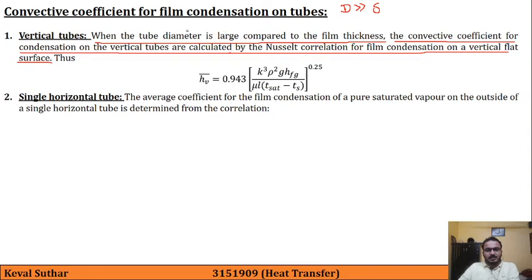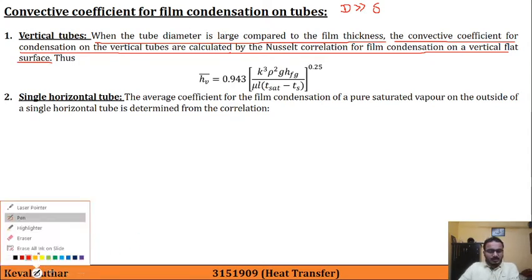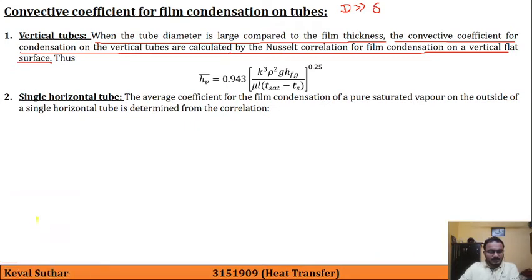And see here, there will be some correlations in this chapter which we need to accept. There will not be any kind of derivation for such equations, because we have already seen such empirical correlations in free and forced convection also, where we don't go into any derivation, we simply accept them and use them.